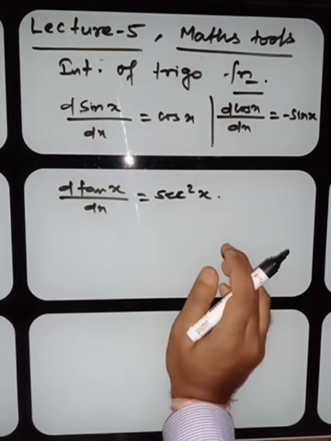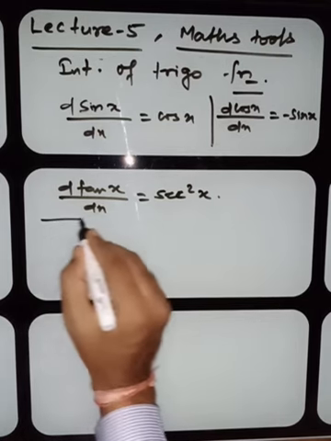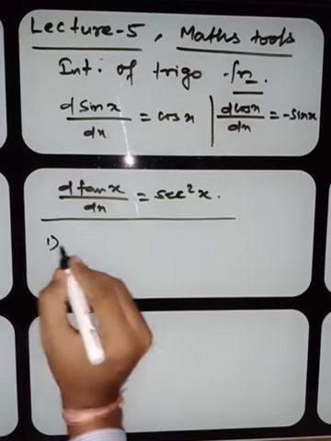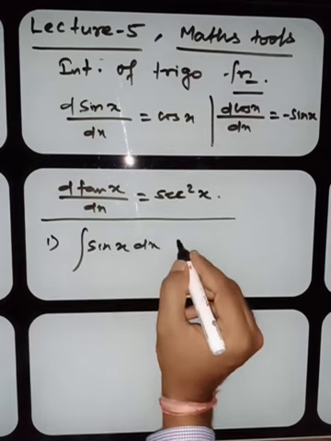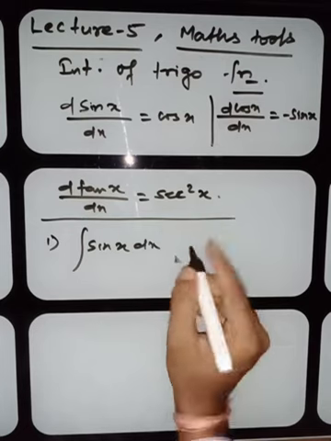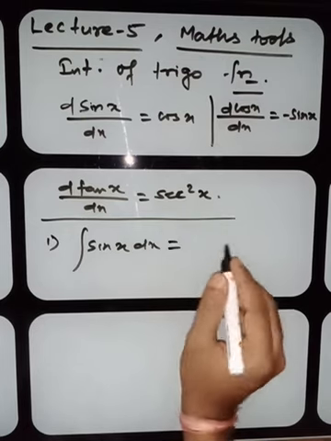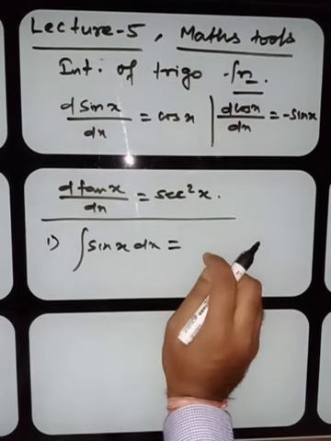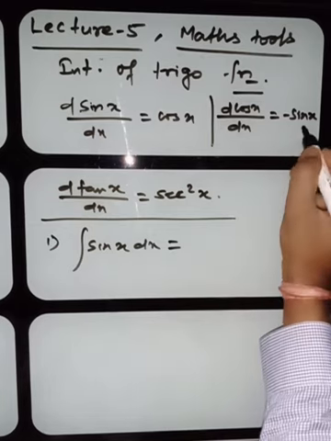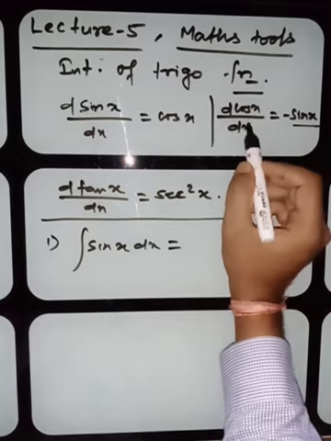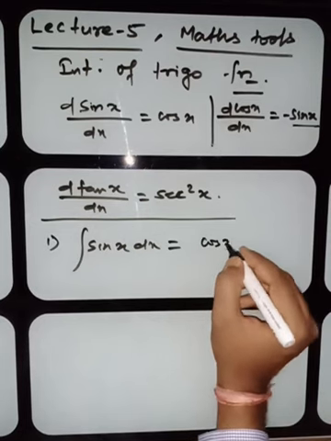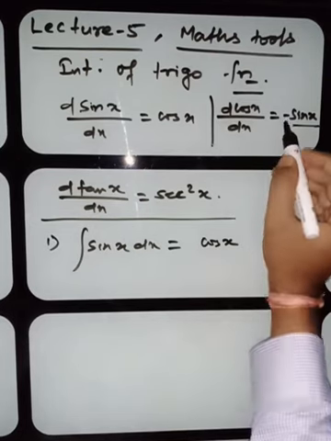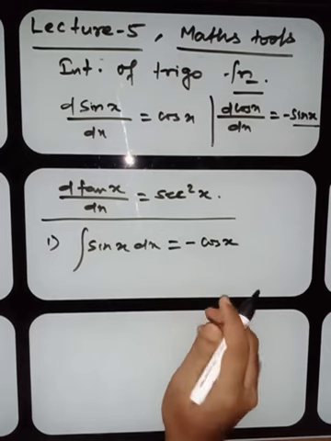I hope you remember, students. Now integration. The first is integration of sine x dx. Try to find the answer. Differentiation of cos x gives sine x with a minus, so the answer will be minus cos x.